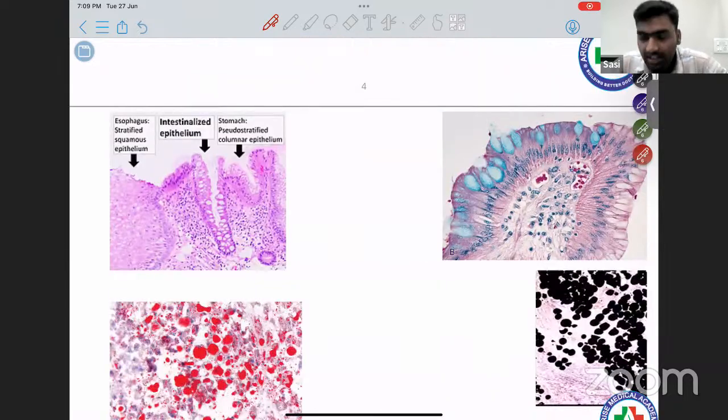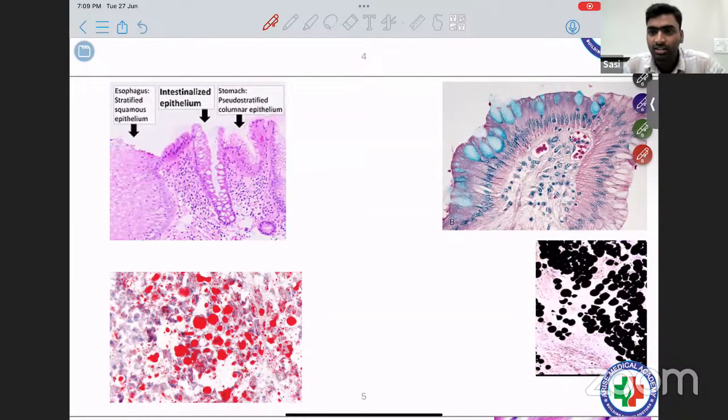If you see this slide, if it is getting adapted like a doctor, meaning if there is an adaptation, it leads to a few changes. For example, in this change, the squamous cell is being replaced by which type of epithelium?